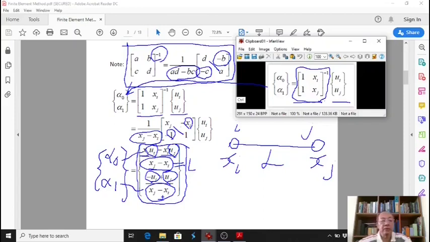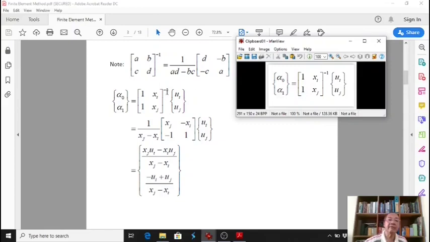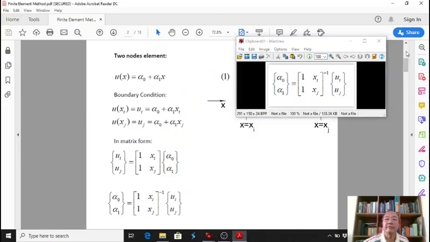Okay, once we found alpha 0 and alpha 1, we need to substitute alpha 0 and alpha 1 into the first equation just now. This is the first equation. So alpha 0 and alpha 1 are in terms of ui and uj just now, so we need to substitute here.